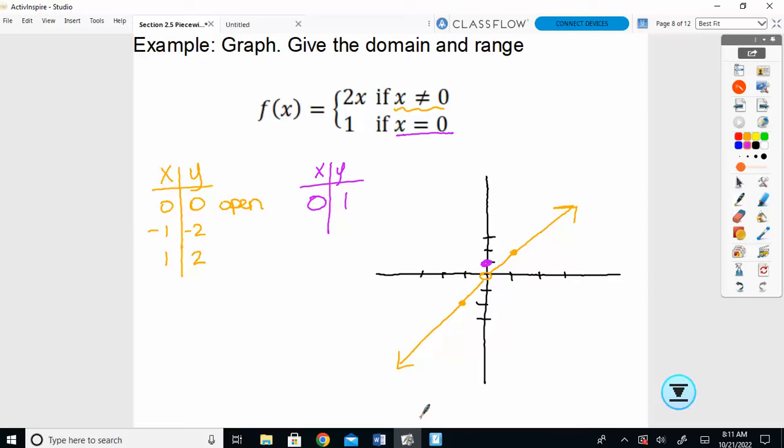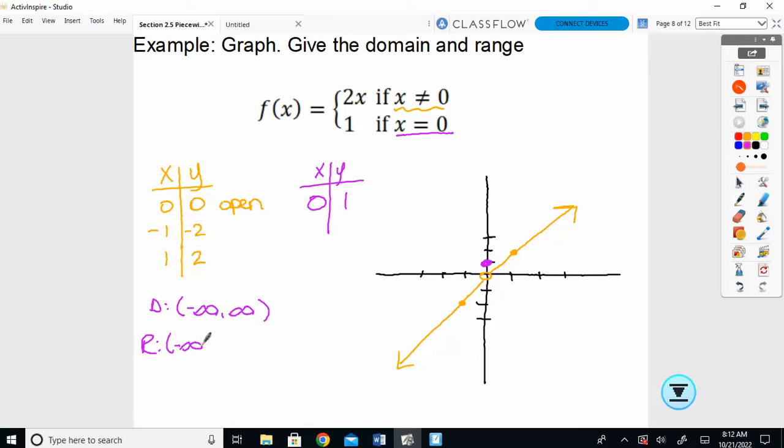What is the domain? We do hit every x value. The orange line hits everything except the 0, but the purple dot fills that in. My range, so I'm coming from the bottom. I have everything except what number? 0.